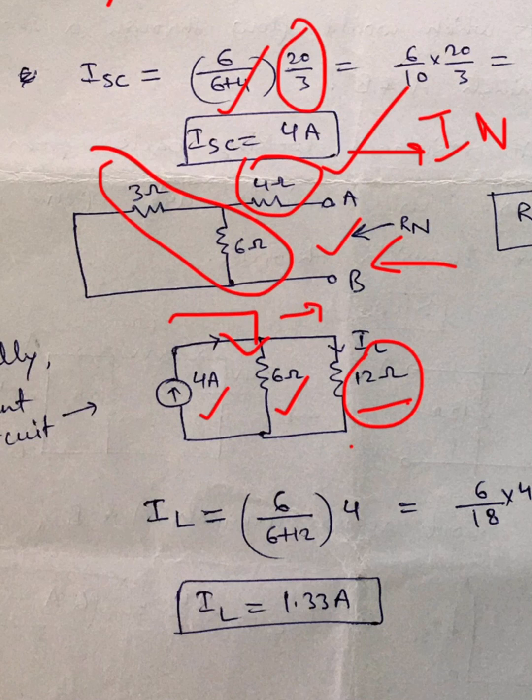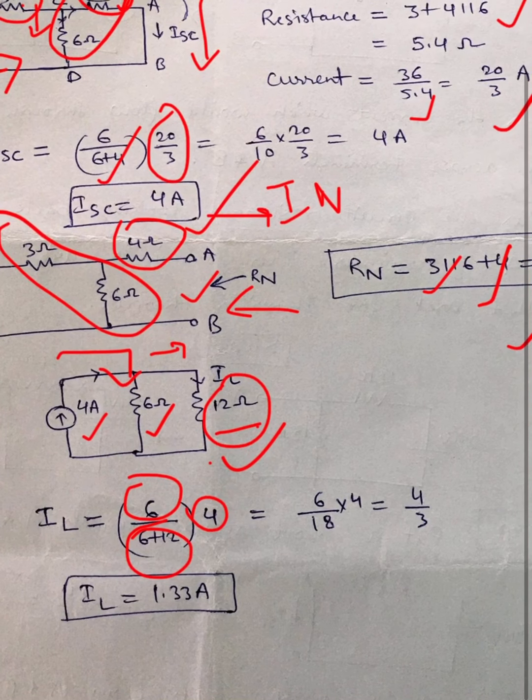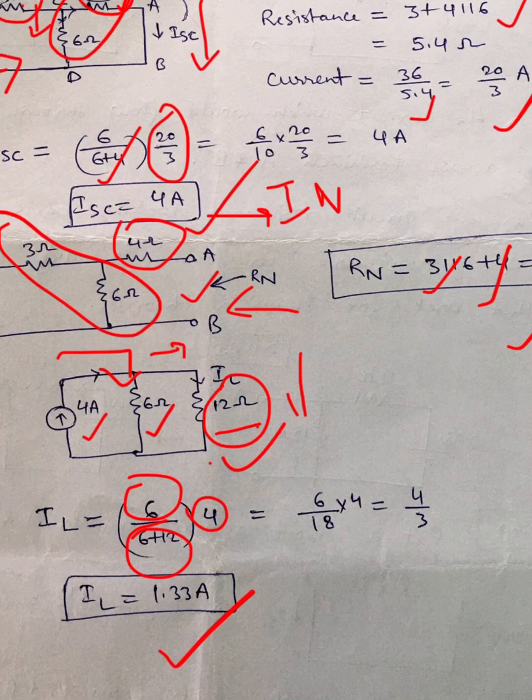If you are interested to find the current flowing through the 12 ohm resistor, then we write 6 divided by 6 plus 12 into total current 4. So it will be 6 by 18 into 4, which is 4 by 3, or 1.33 ampere. This current is the current flowing through this 12 ohm resistor, IL.